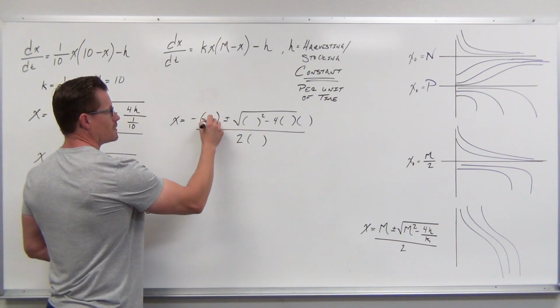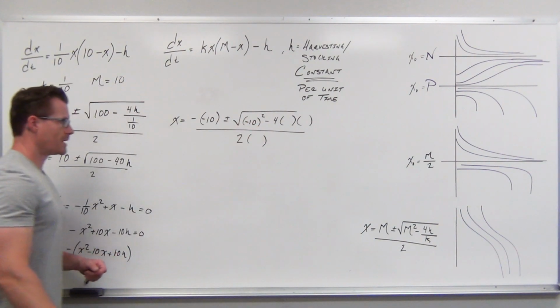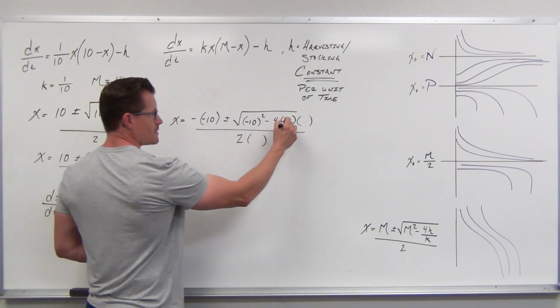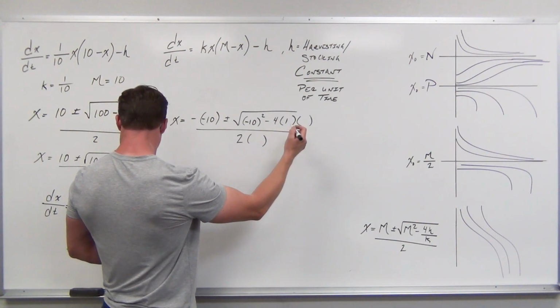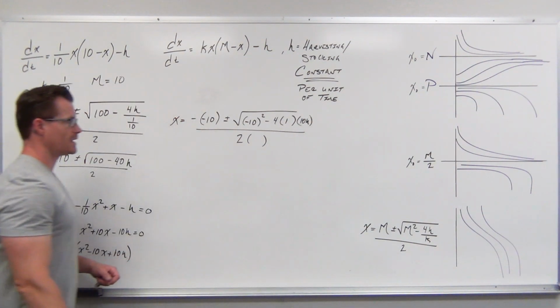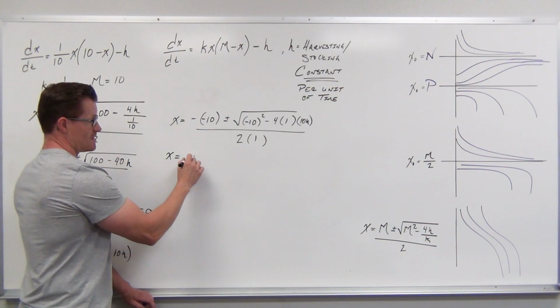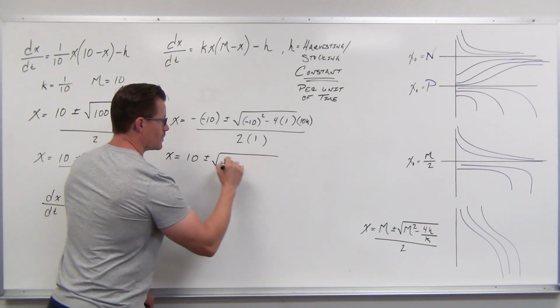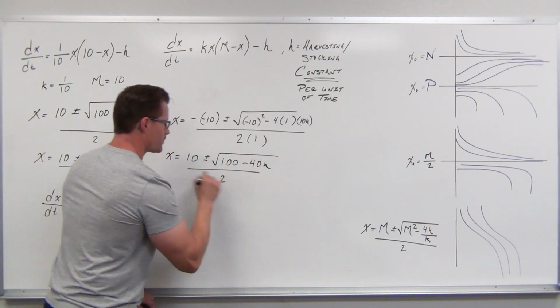Negative b plus or minus the square root of b squared minus 4 times a times c, all over 2 times a. All right, well, that's 10 plus or minus the square root of 100 minus 40h, all over 2.